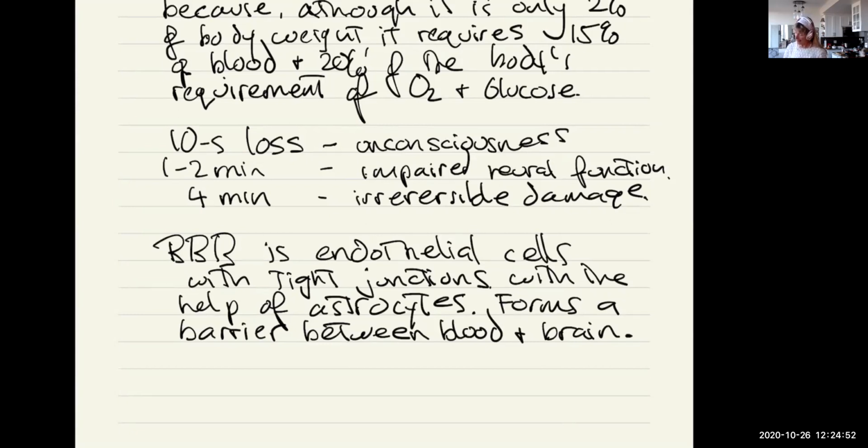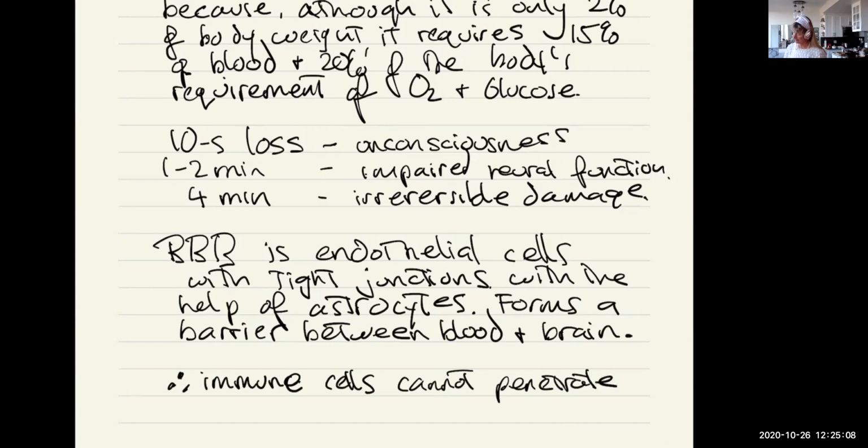So immune cells, therefore, neutrophils and other white blood cells cannot penetrate that barrier. But the brain contains microglia, its own white blood cells.